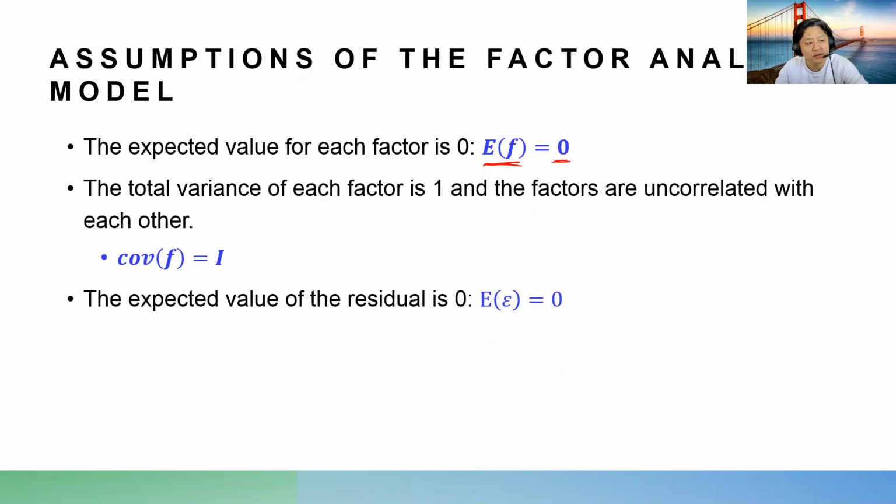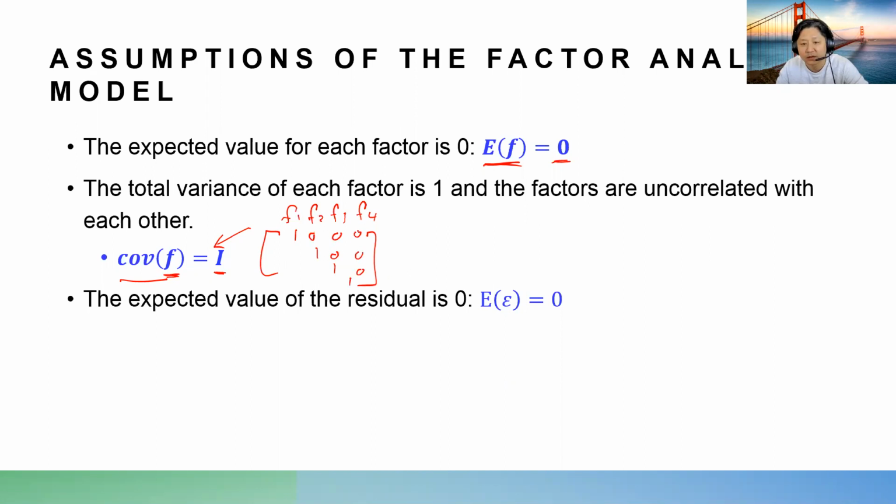This is an assumption of the orthogonal factor analytic model. The covariance of factor scores is the identity. That means, for example, F1, F2, F3, F4 are all orthogonal.